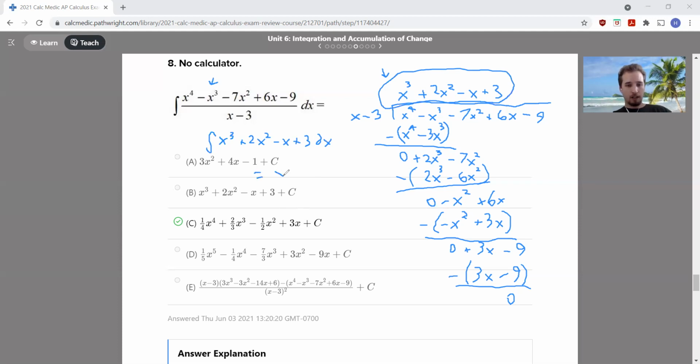Integral of x to the third is x to the fourth over 4, plus 2 times x cubed over 3. Again, we're just using the power rule. Minus x squared over 2. Integral of x is just x squared over 2. Plus 3x plus c.